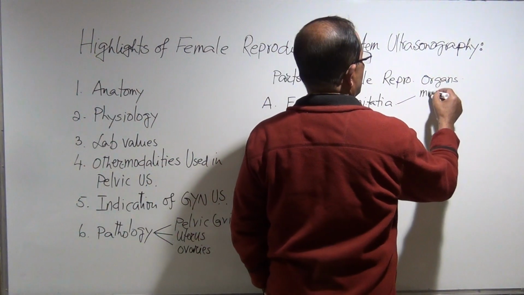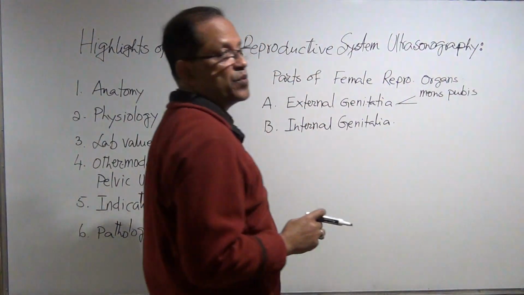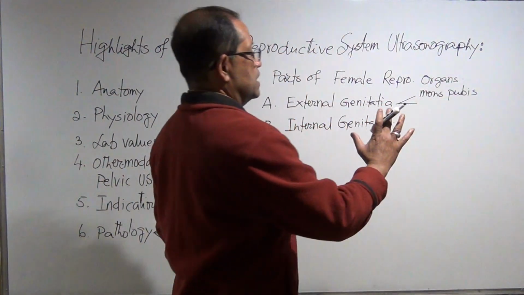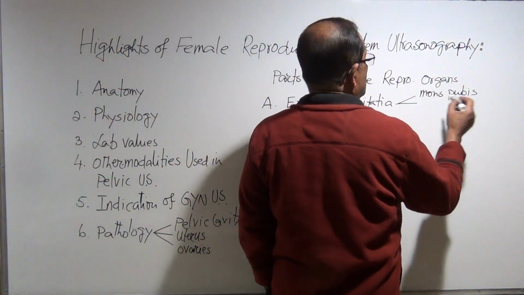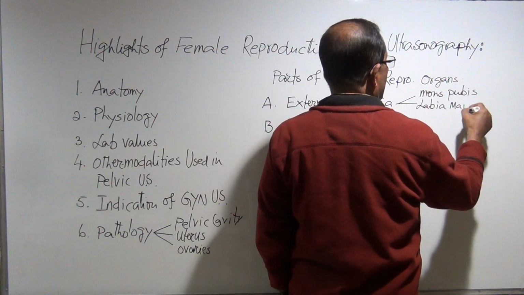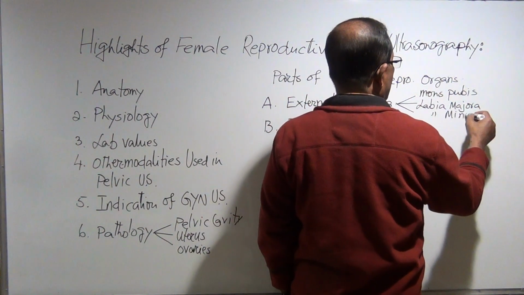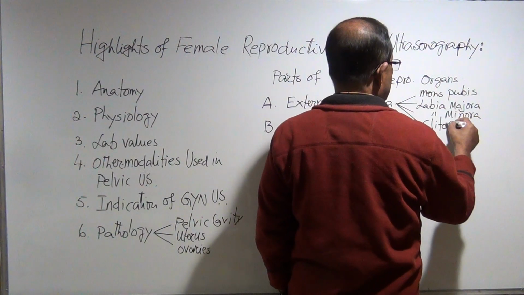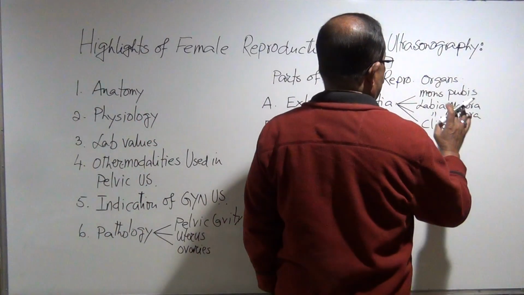The mons pubis, which is covered by the pubic hair, and the whole of the external genitalia is known as the vulva. The external organs are the mons pubis, labia majora, labia minora, and clitoris.